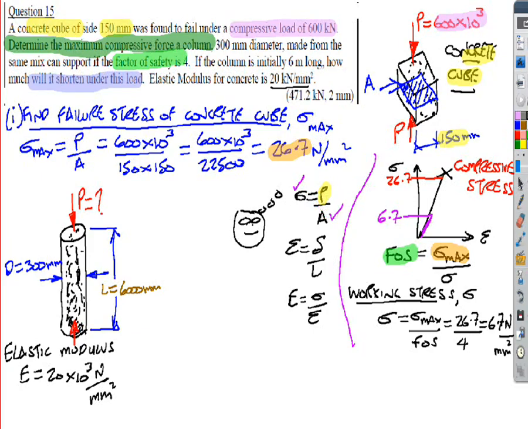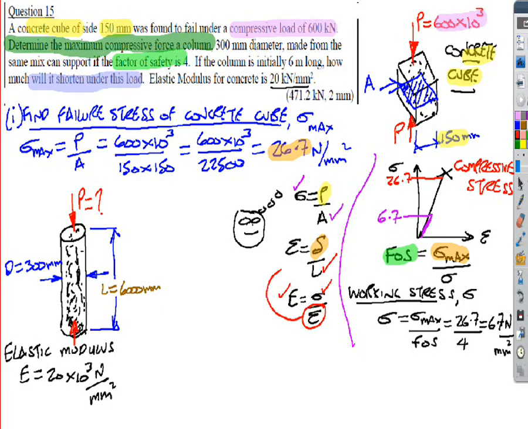What else do they want us to find in the question? They want us to find how much the column shortens. I'm trying to find this value, how much it shortened. So what do I know in the question that will help me do that? Well, I don't know the strain at the moment, but I do know the length that's given in the question. I do know the E that's given, and I've just worked out the stress, so I can find the strain here.